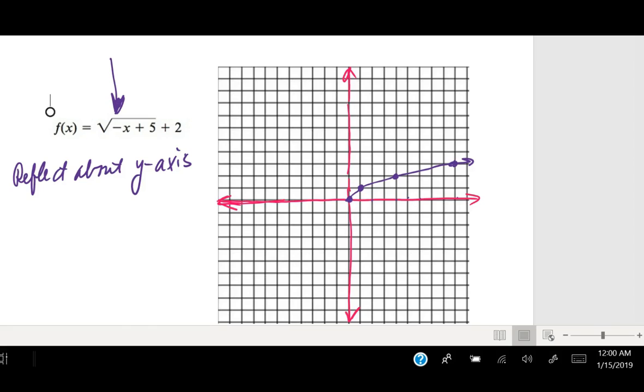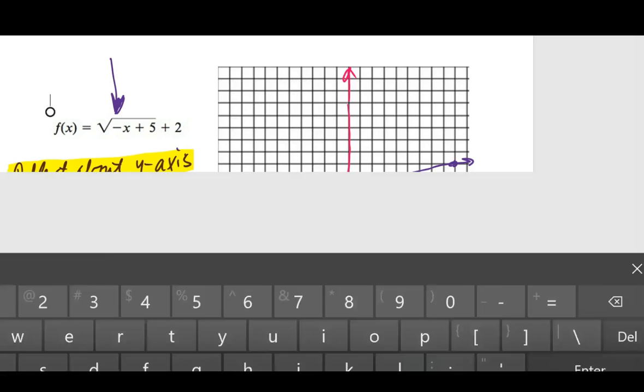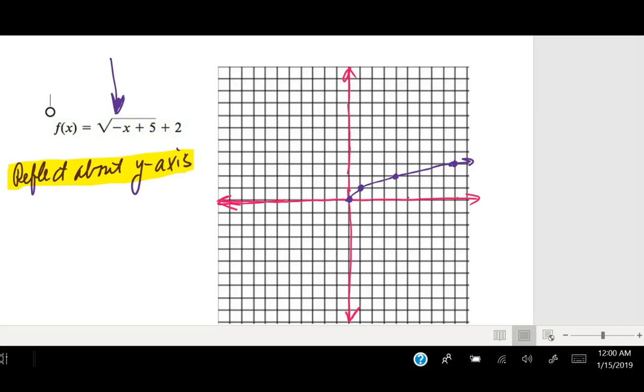When you reflect about the y-axis, warning, everything kind of goes haywire. So be careful. What this means now is that the rule of thumb I told you earlier, about if the x has a +5, it goes left, and if it has a -5, it goes right, is going to go the opposite direction.